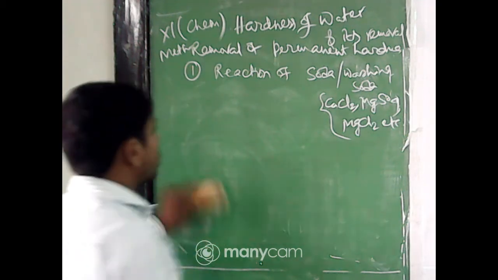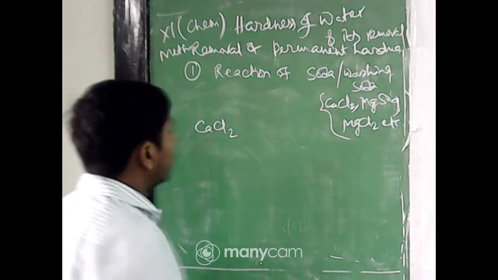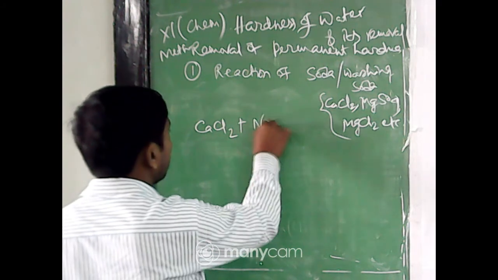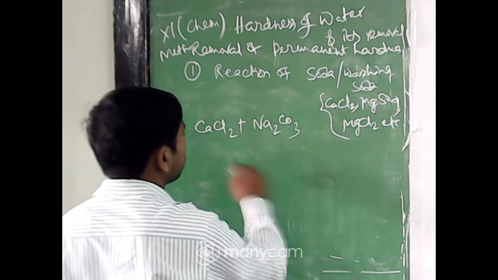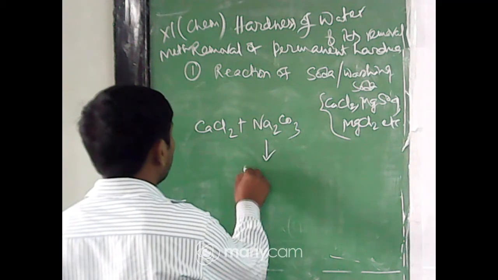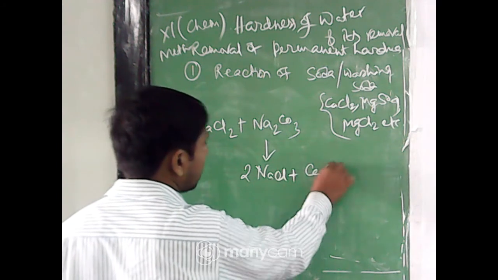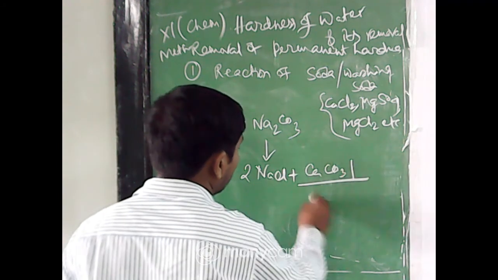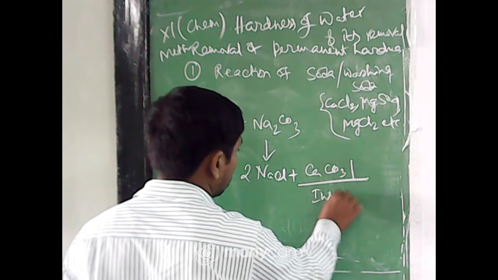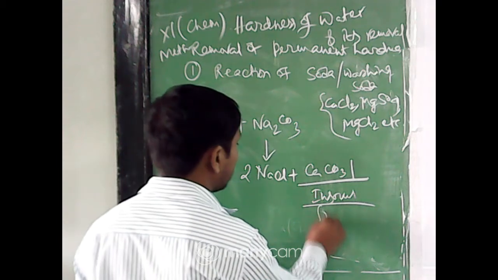First, take calcium chloride. Washing soda has the formula Na2CO3. It will produce 2NaCl plus calcium carbonate. Now, again it is insoluble in water, so we can separate the insoluble part by filtration.